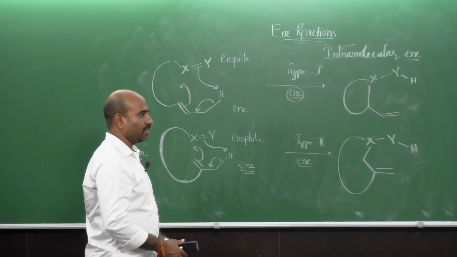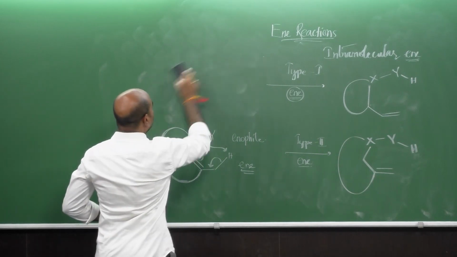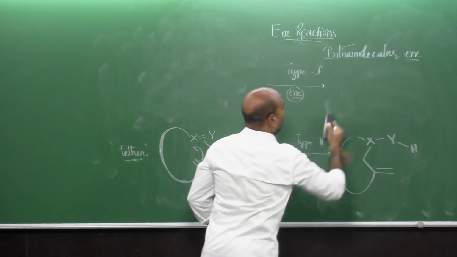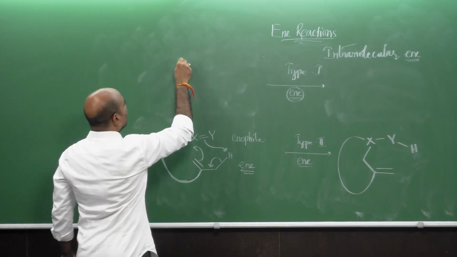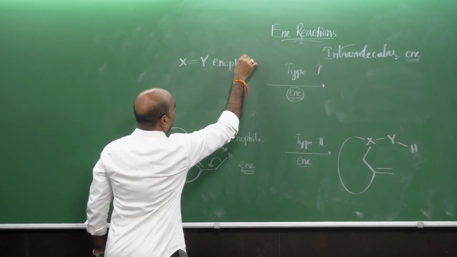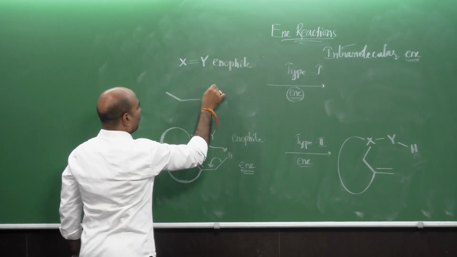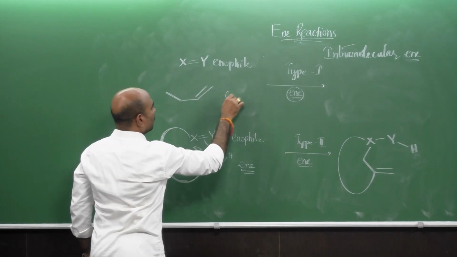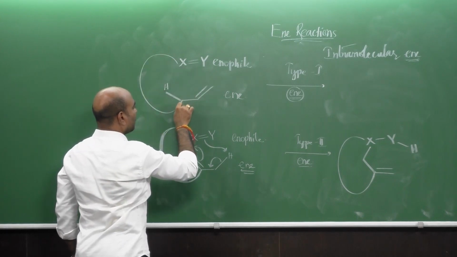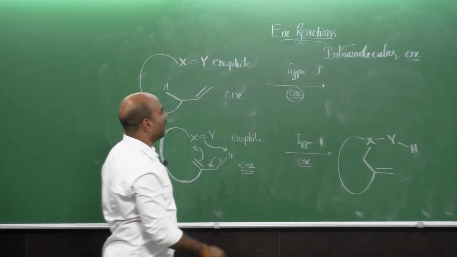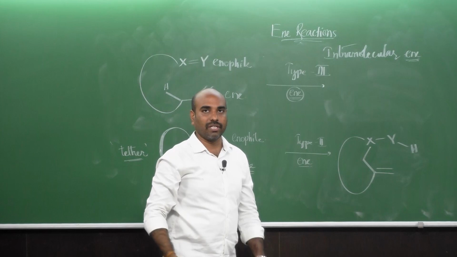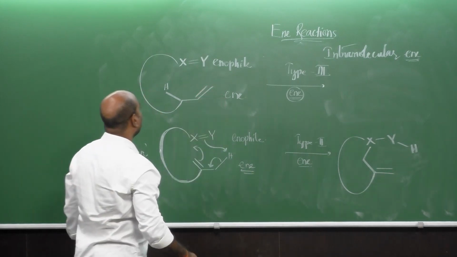Intramolecular ene reaction. The third type: you look at this, X double bond Y is the enophile component, right. This is the ene component and here is the hydrogen. If the connectivity is here, this is treated as type 3 in intramolecular ene reaction. And where is the bond forming now?